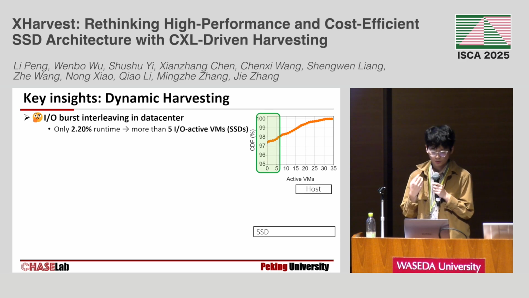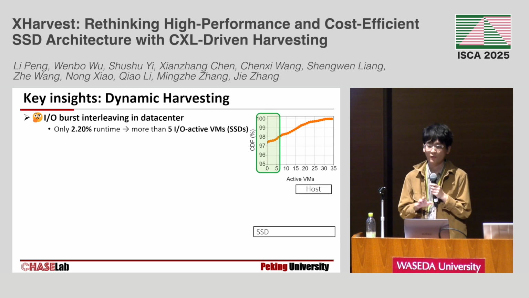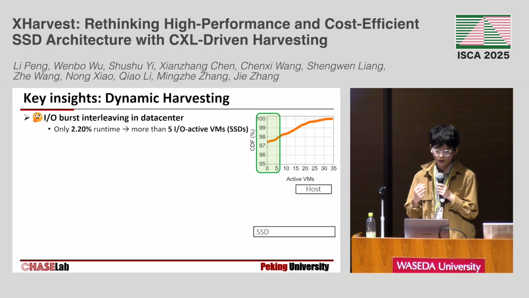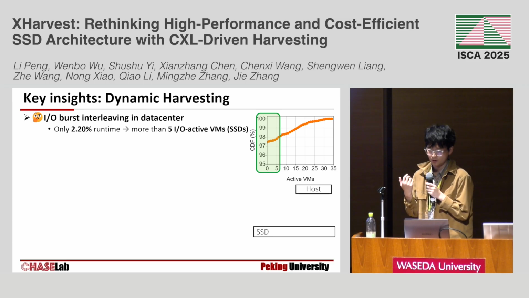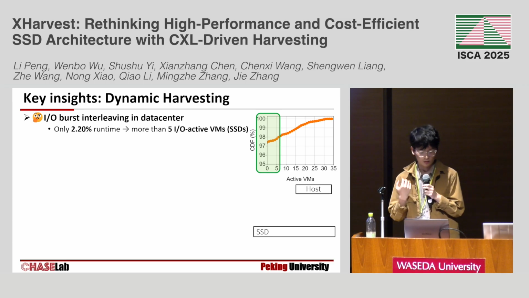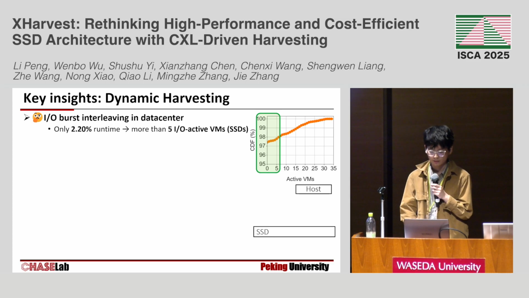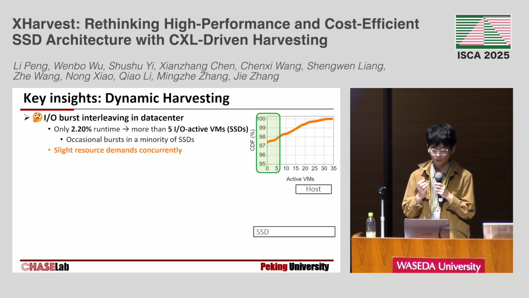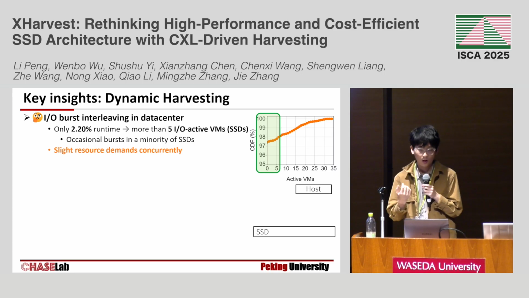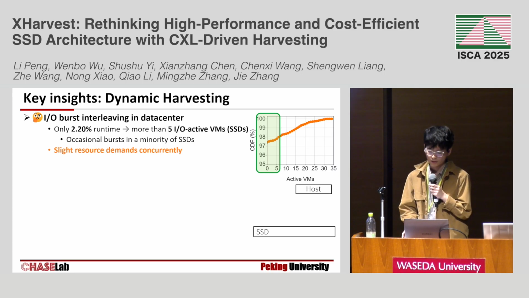Our analysis reveals that the number of I/O active virtual machines concurrently exceeding 5 occurs only for 2.20% of the runtime. This indicates that the I/O burst occurs occasionally on a minority of SSDs, while the majority remains idle.